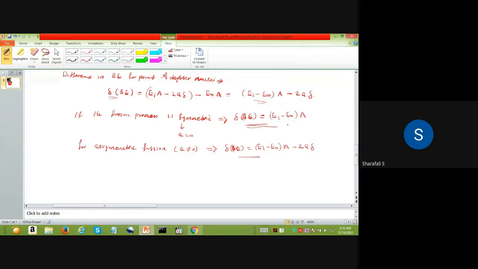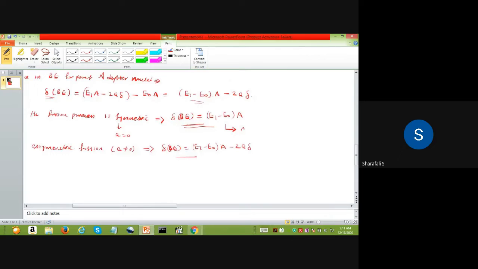Okay. So for symmetric fission, you will get more energy released. Here we have less energy released, because the binding energy difference from the parent to daughter nuclei is less here, and the binding energy difference between the parent nuclei and daughter nuclei is more here, because here you have E1 minus E0 times A minus 2A delta.